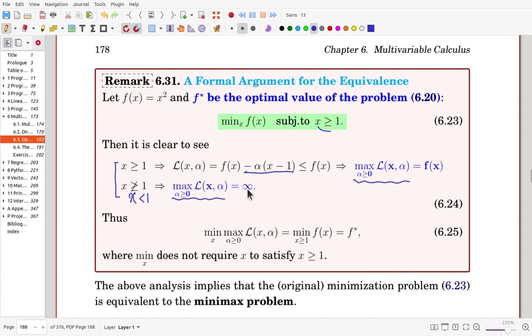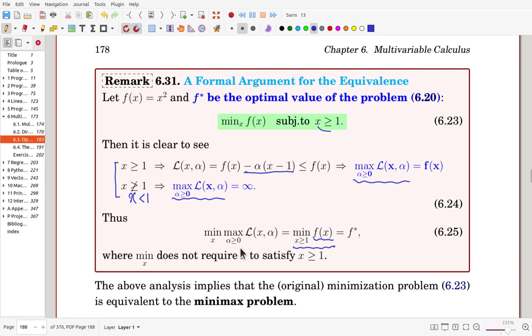Then this is infinity, that is f of x, so we can get this one here. That must be f of x when x is larger than or equal to 1. That problem is exactly the same as the original problem, so its optimal value is f star. So the original problem and this minimax problem have the same answer. They are equivalent.